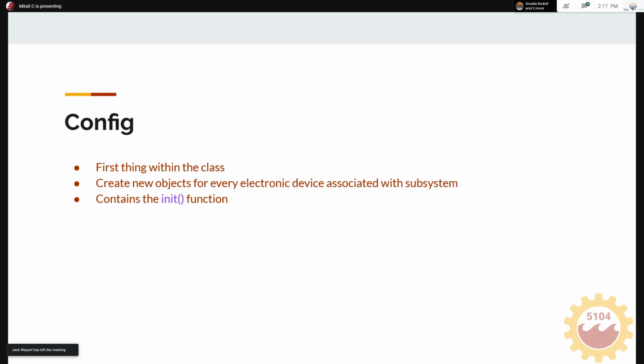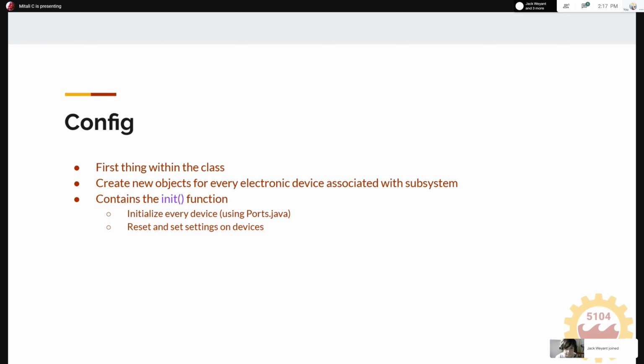If you initialize the device outside, I think it messes things up. It's a little complicated. We have to make the variable for the device outside of any functions, but inside the init function, you want to initialize every device. And you'll do that with the numbers from ports.java, as Liam talked about last week.